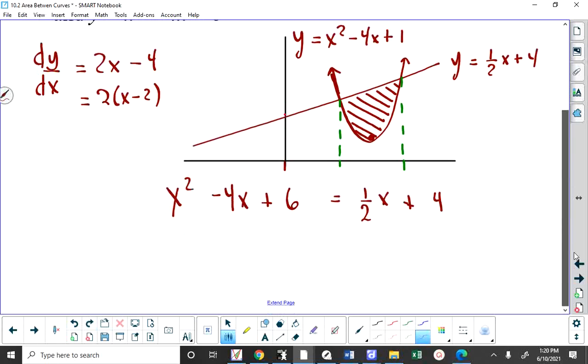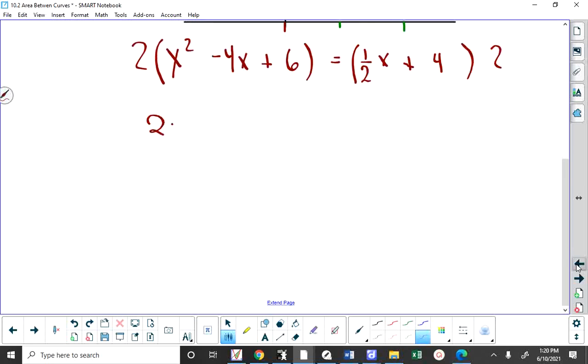We solve that equation. I'm going to multiply both sides of the equation by 2 because I don't like dealing with a fraction, and get 2x squared minus 8x plus 12 equals x plus 8. Double check my work.